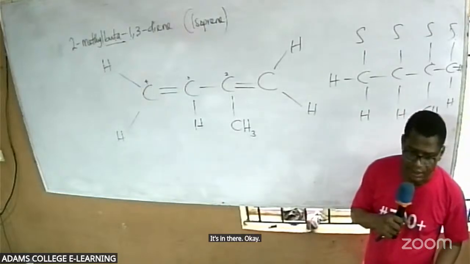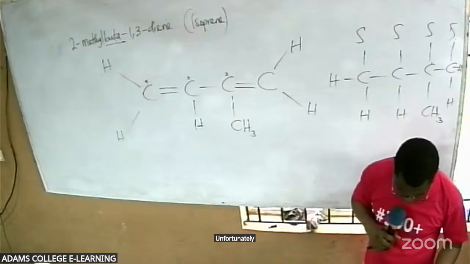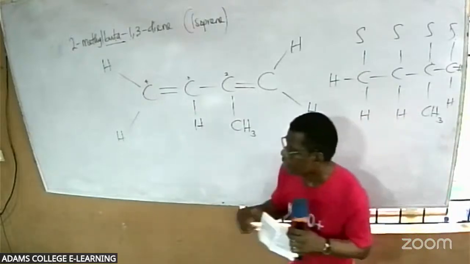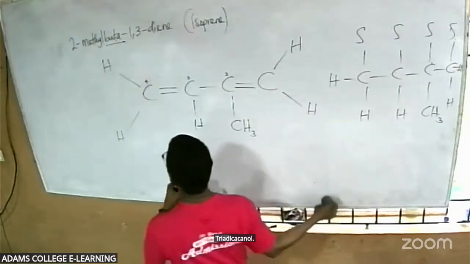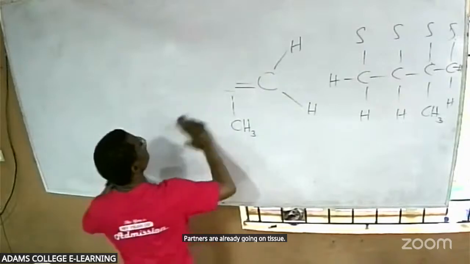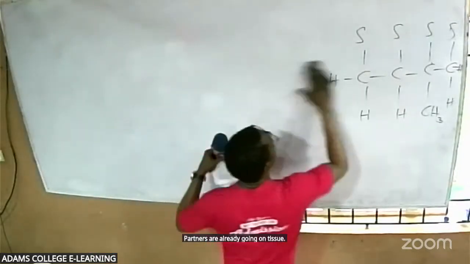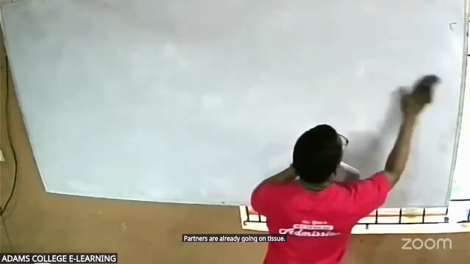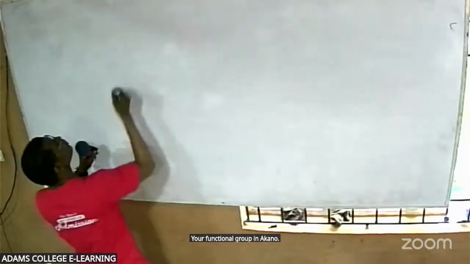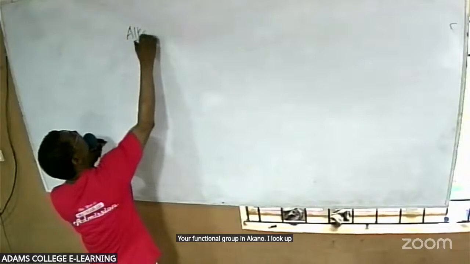Number 40. The functional group in an alkanol.